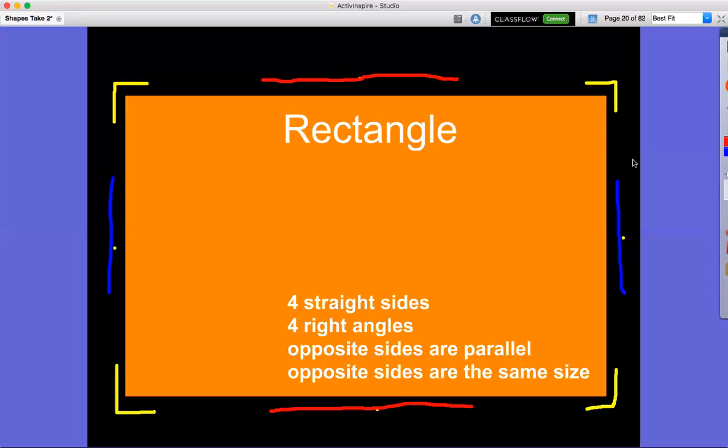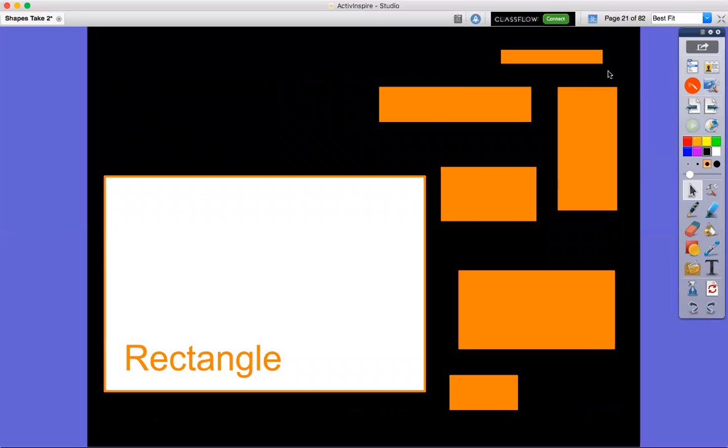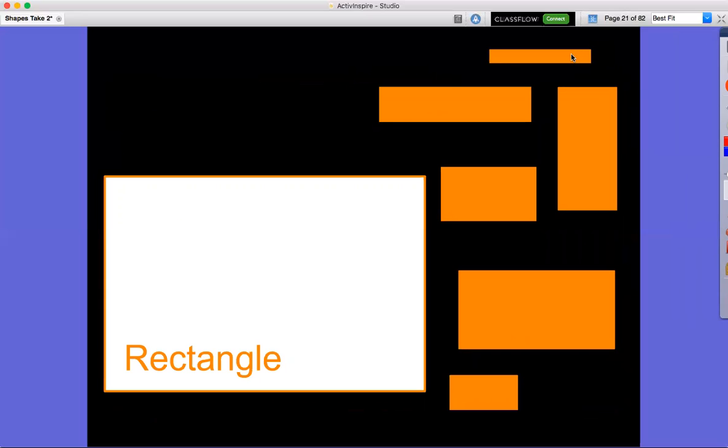It has four right angles, those corners that are sitting up straight and tall to make right angles. But it looks a little stretched out because some of those sides are long. Let's look at some different rectangles and see what we can see.